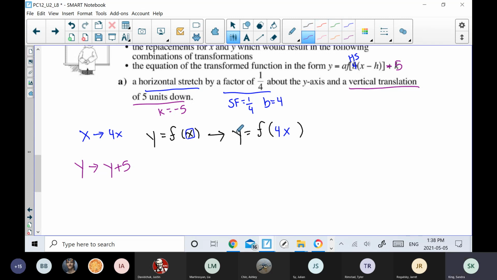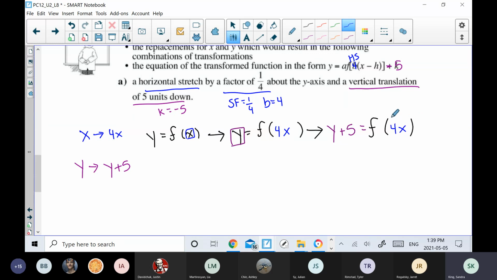So what we are going to do is, I'm going to continue this because it's not much room. I'm going to take this out and I'm going to put in a Y plus 5 is equal to F of 4X.